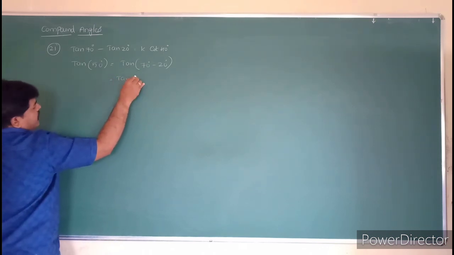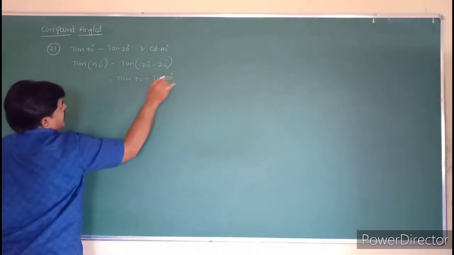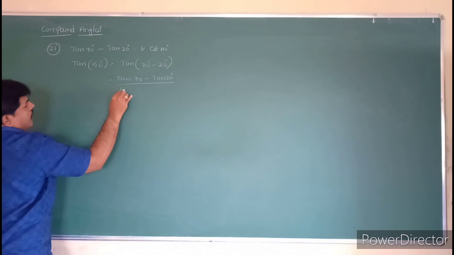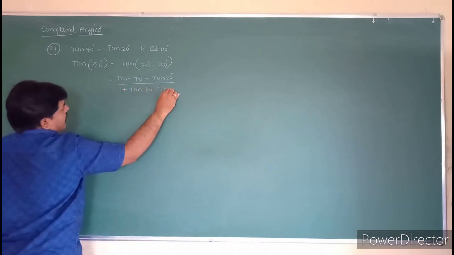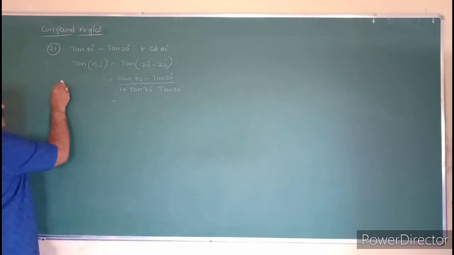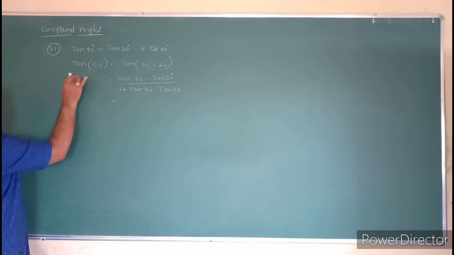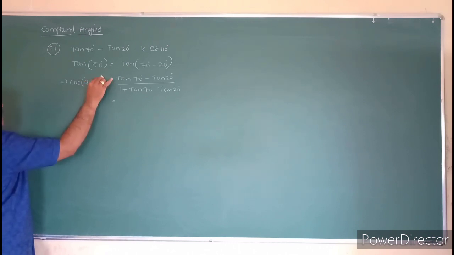So we can expand that as tan 70 degrees minus tan 20 degrees by 1 plus tan 70 degrees into tan 20 degrees. So that implies tan 50 degrees. Tan 50 you can write as cot of 90 minus 50 degrees.